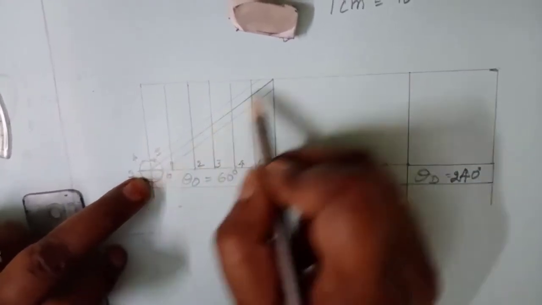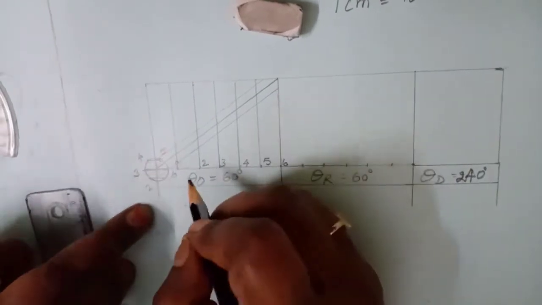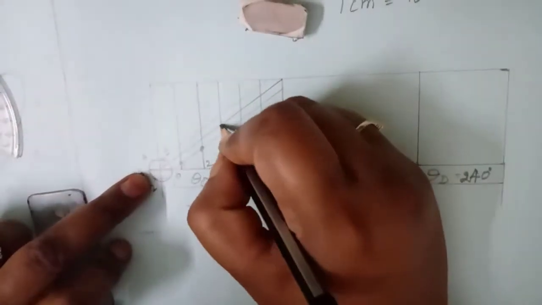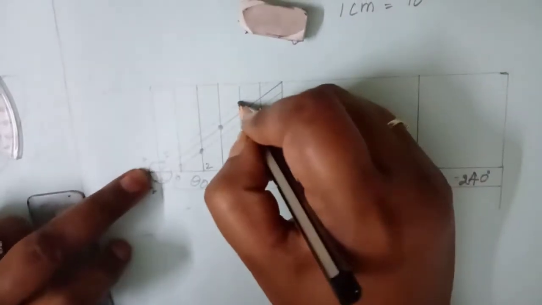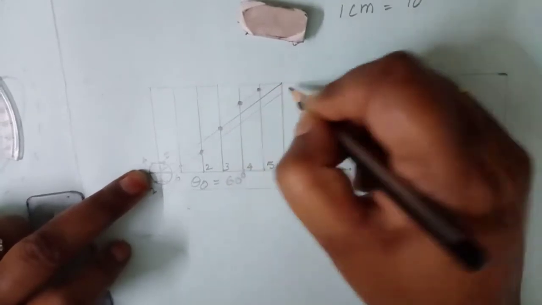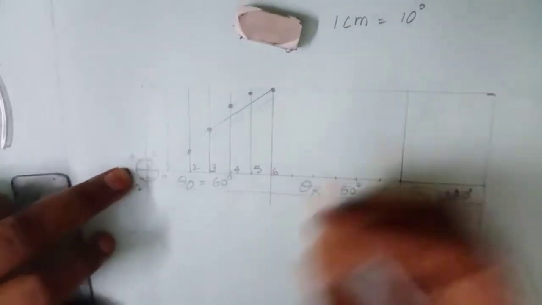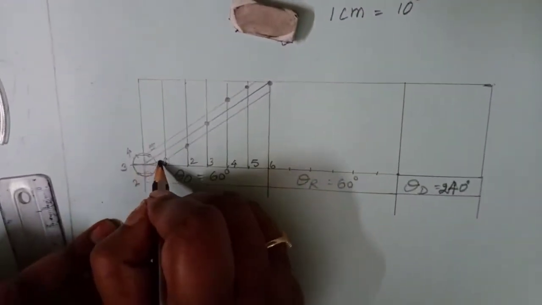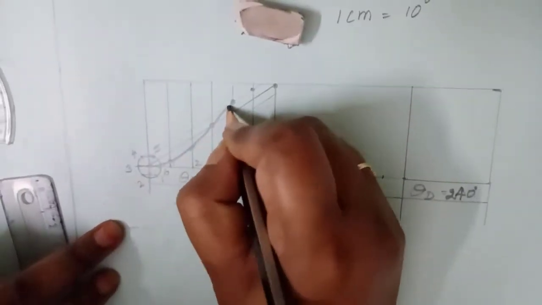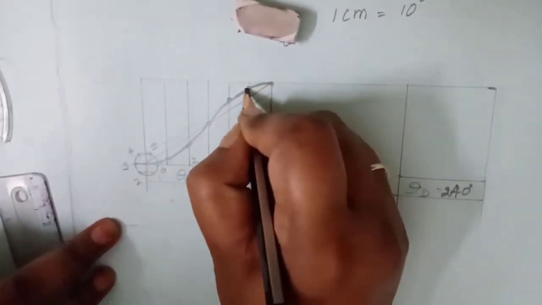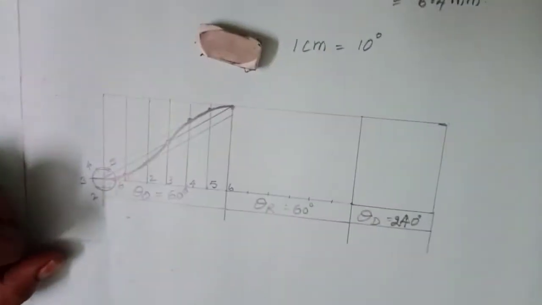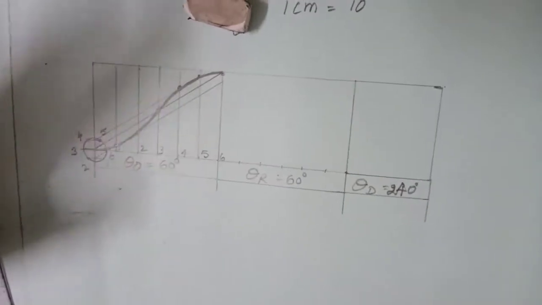Wherever you are getting this extension, that line you have to make. 2 also in the same line, 3 in the middle line, 4 in the upper line, 5 in the upper line, 6 in this middle line. So now you got the points like this. So now join this particular curve. This is your displacement diagram of the follower for the outward stroke in the cycloidal motion.